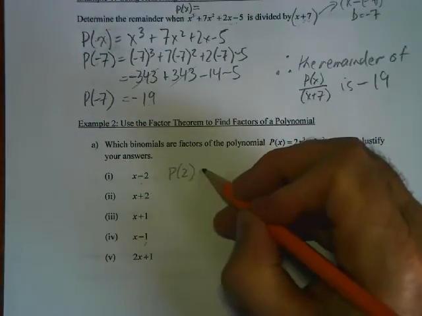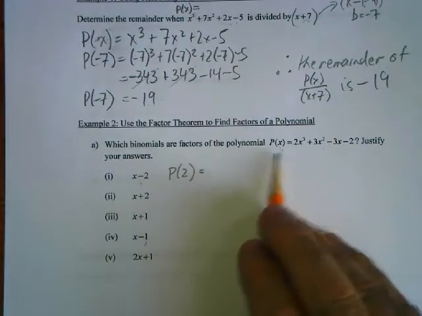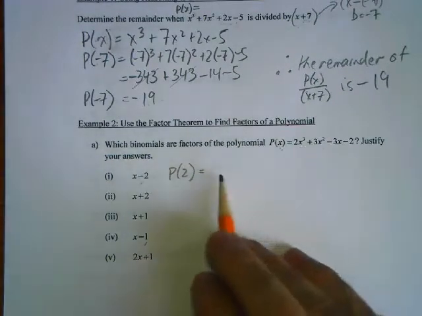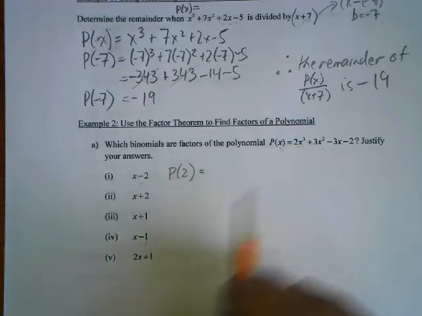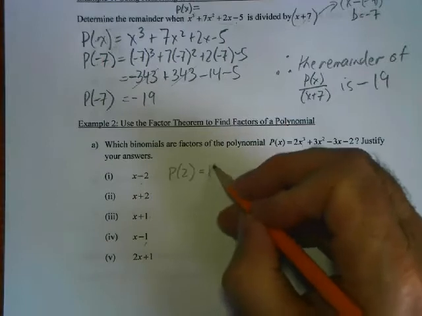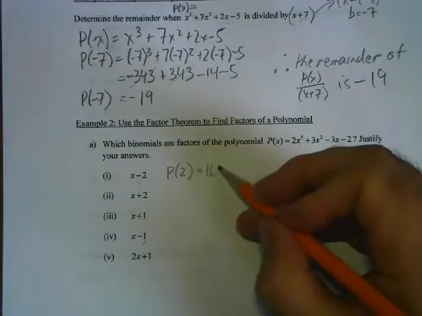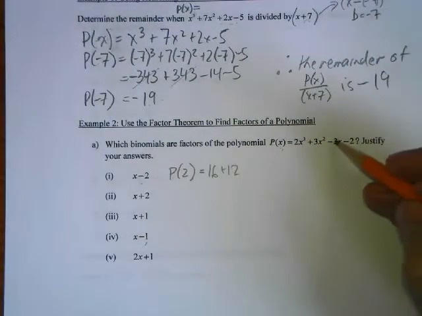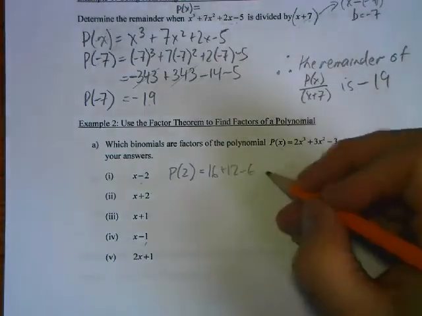Okay, so if I plug the 2 in there, I'll just talk through the first one. That's going to be 2 times 2 cubed, so that's 2 times 8, which is 16. Plug the 2 in here, 3 times 4 is 12. Then negative 3 times 2 is negative 6. And then negative 2 by itself.